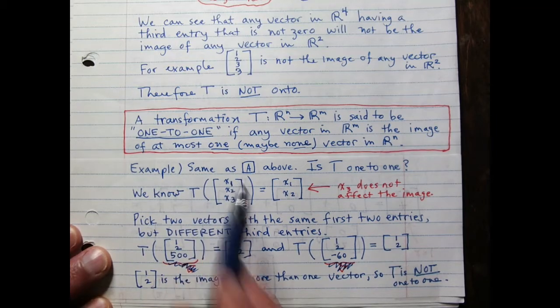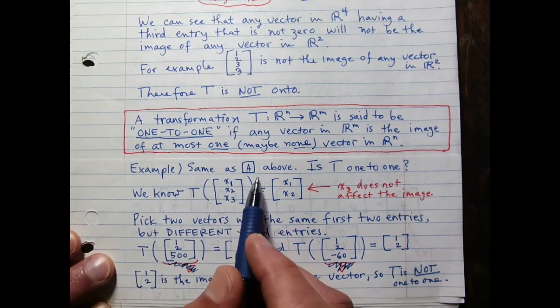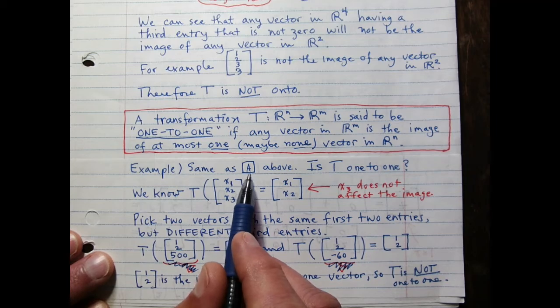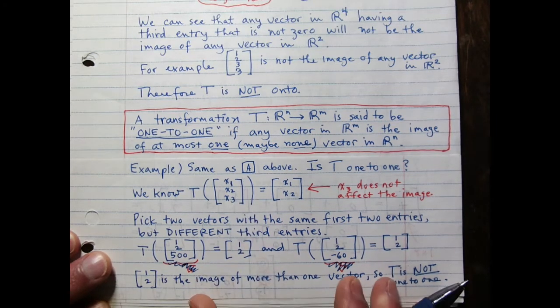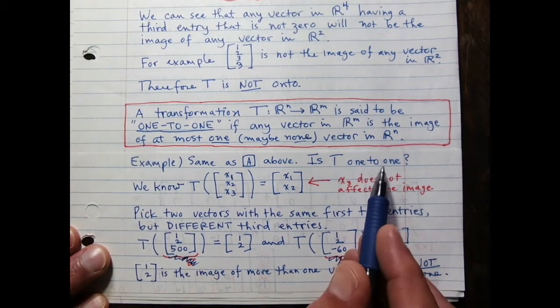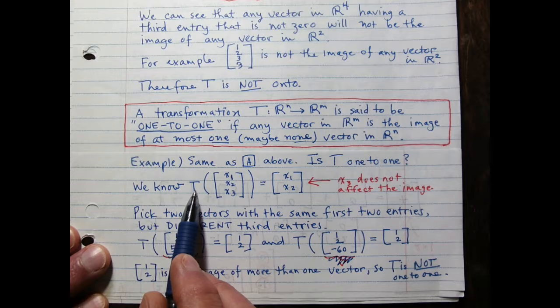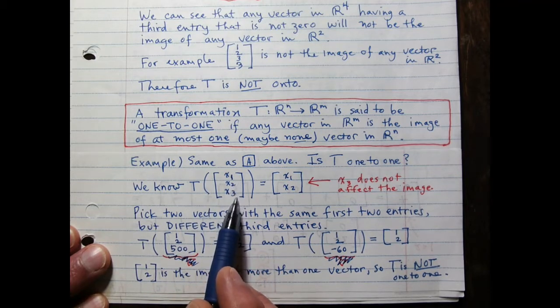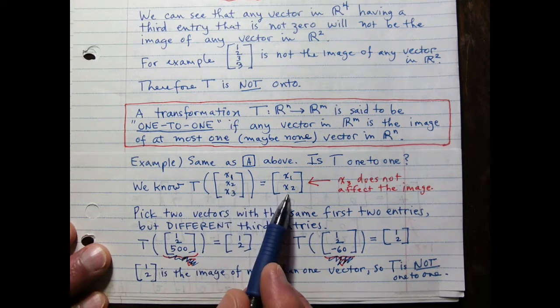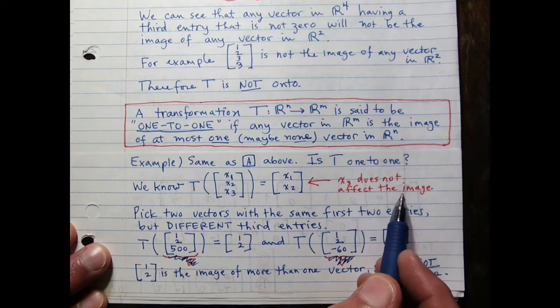So I want to go back to my earlier examples. I labeled them A and B at the beginning. So go back to the first example that we used in onto. Is that transformation one-to-one? Now we already know that that transformation took (x1, x2, x3) and mapped it to the image (x1, x2). So we know x3 does not affect the image. That's sort of the key observation.